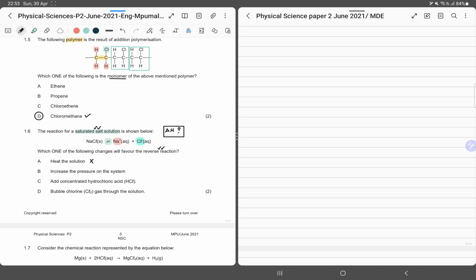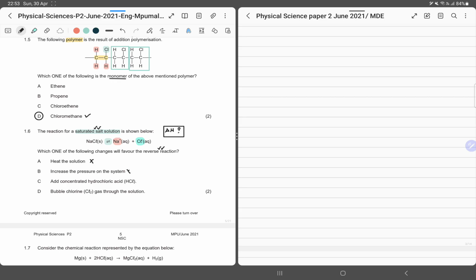So it will decompose the sodium chloride. So yeah, in a way, delta H should be a plus, but that is not indicated, so don't go for it. But we know if we heat here, what is going to happen? The energy will separate the sodium from the chloride more than it would combine these two. All right, so it won't work. It favors the forward reaction.